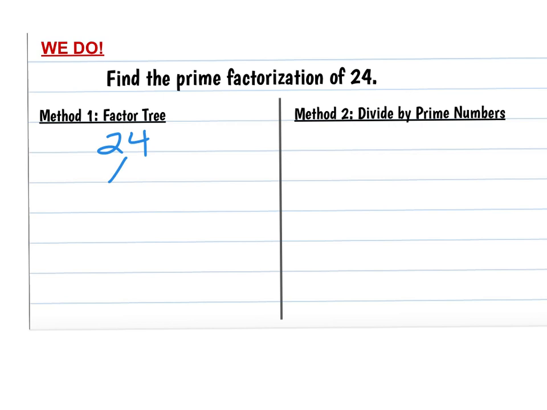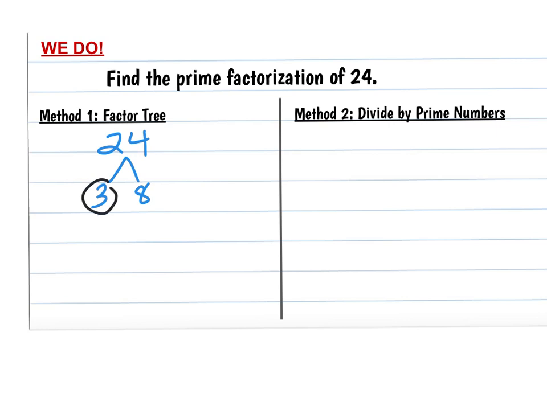So personally, I'm going to start with 3 and 8, factors that I know make 24. Someone else might have done 2 and 12, and that's totally fine. You're not using 1, because remember, 1 is not prime. When you get to a prime number like 3, you can't do that anymore, so don't do 3 and 1, because you're just going to end up with 3 again. You are going to stop right at 3.